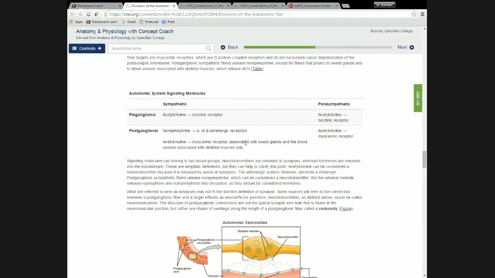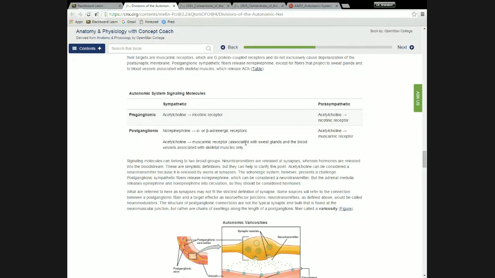But in formal scientific writing in the United States, it's called epinephrine. Any formal scientific writing outside of the United States refers to it as adrenaline. Same thing. Also, what I just told you we call norepinephrine is noradrenaline.